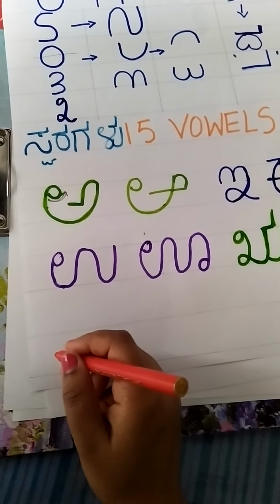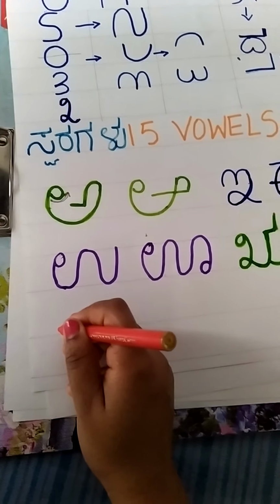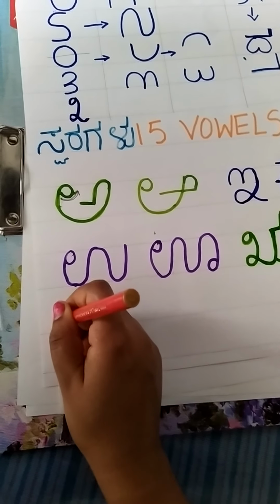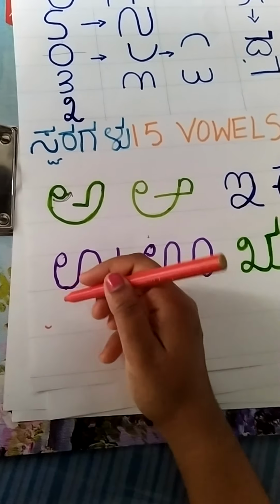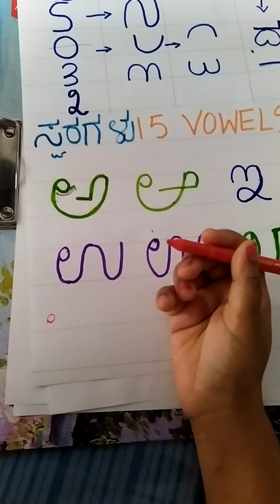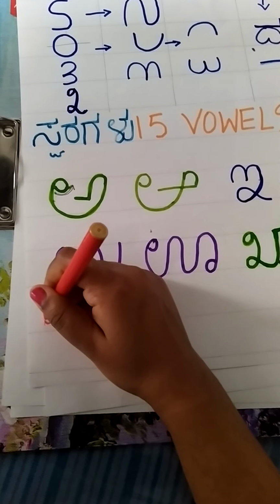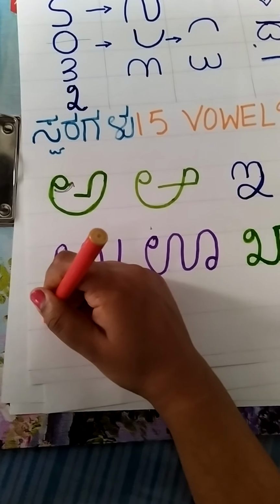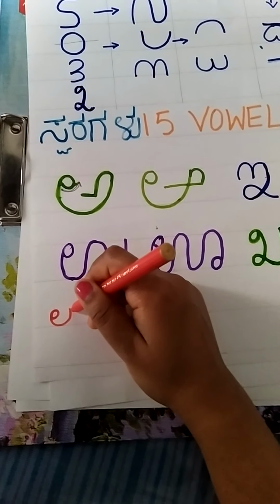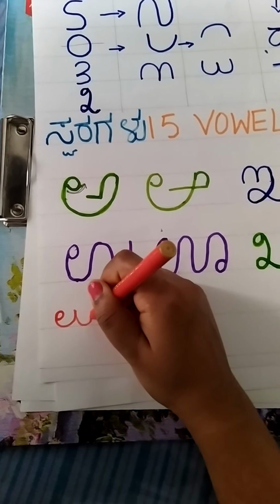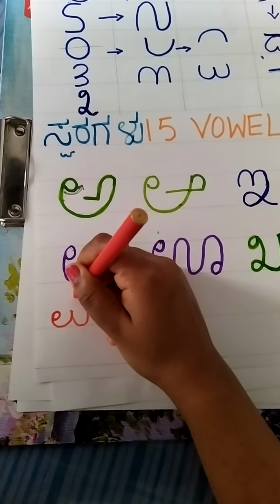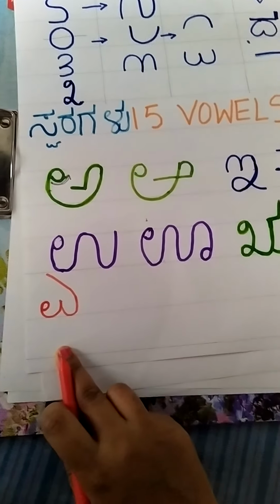Now the next swara is E. I will teach you E. Look here. Again the same curve. Can you see all the same curve? This is like 3. Go up.